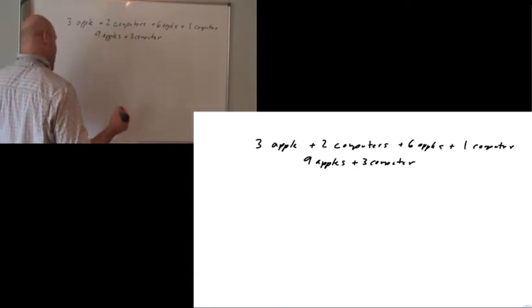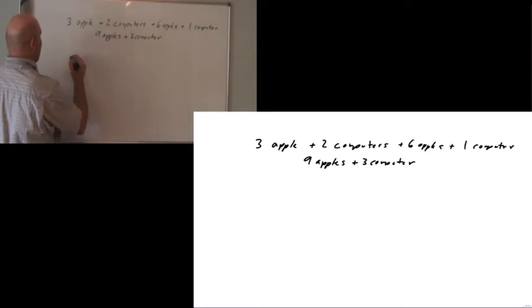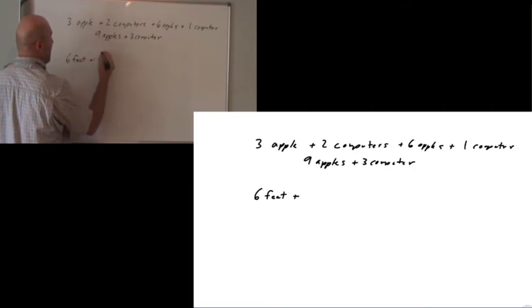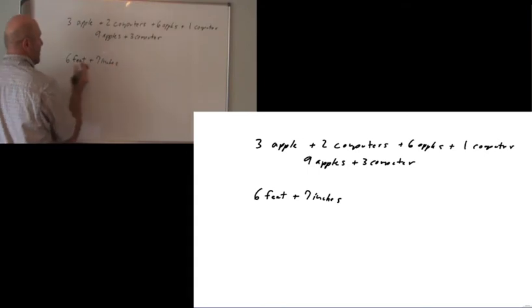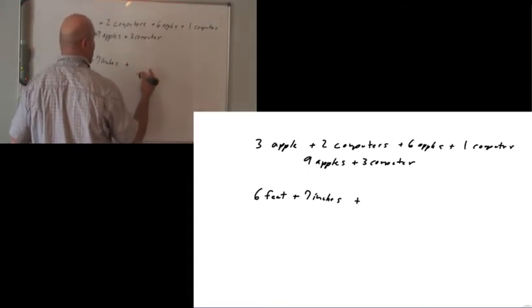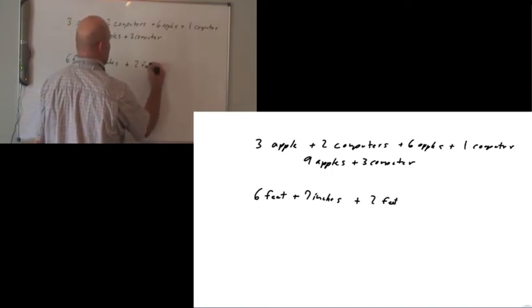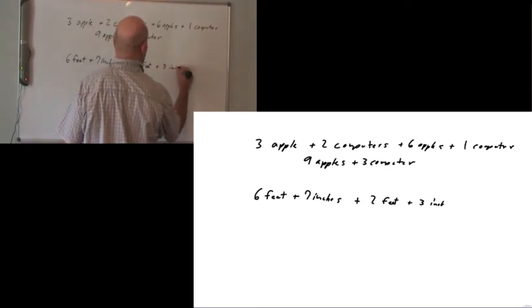This is actually one that I run into on a fairly consistent basis when I'm building stuff. If I had, say, one board that was 6 feet and 7 inches, and I'm spelling them out like this, you don't normally need to do that, and then I wanted to, for whatever reason, add on another 2 feet and 3 more inches for another board.